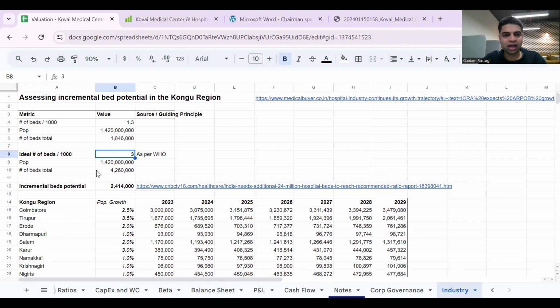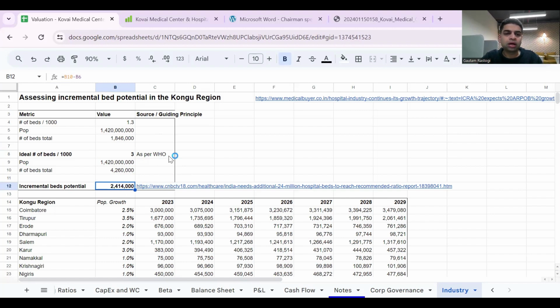So as per this estimate, the incremental beds that India needs is around 24 lakh. And this is my calculation. Then I did a Google search, and that's what some of the industry research is saying as well.